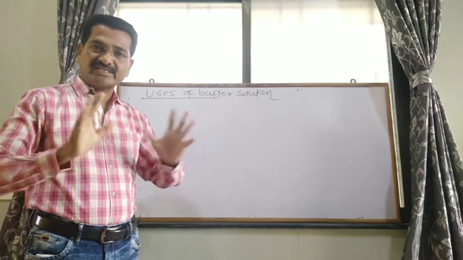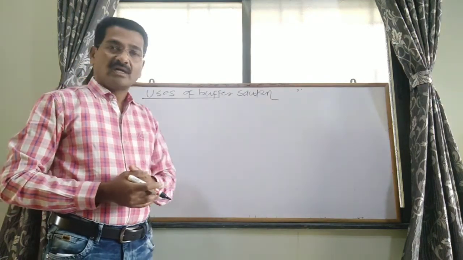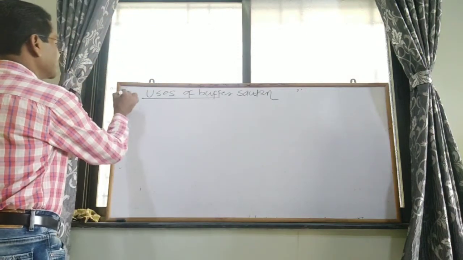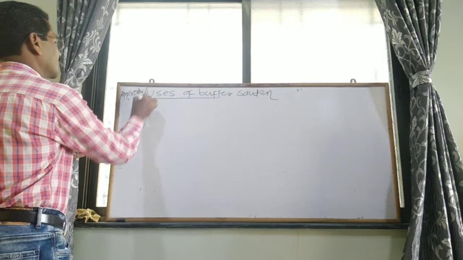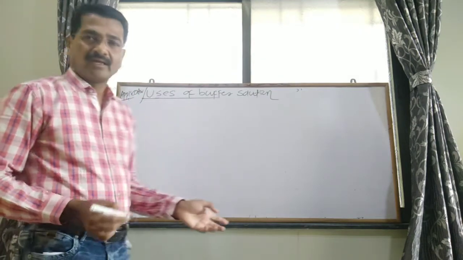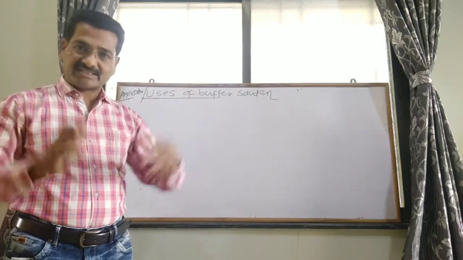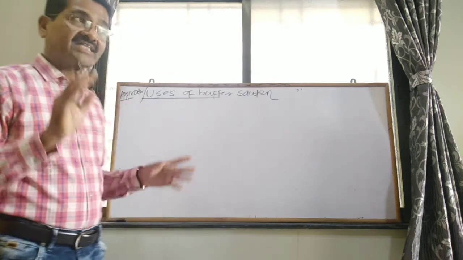Its pH cannot be changed at any time. Then how to use the buffer solution? Uses or applications of buffer solution. Buffer solution is used for different purposes as follows.